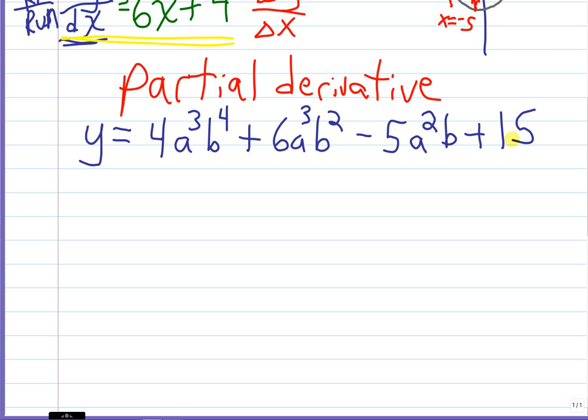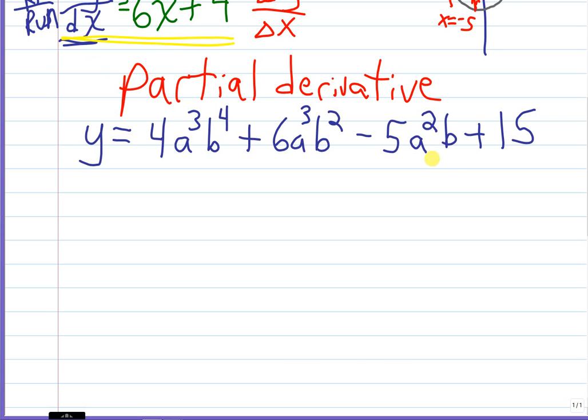So our rule for taking derivatives is basically the same, except we're going to add one little caveat. When we take the derivative, we're going to have two different possible derivatives that we could take here.